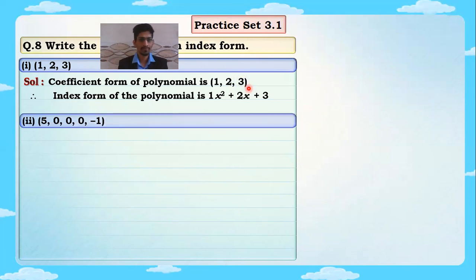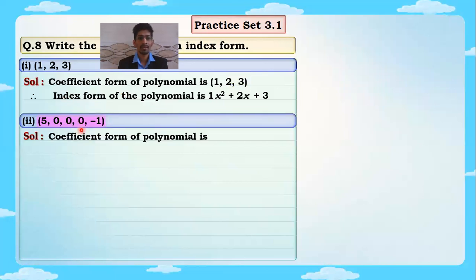One basic rule, students, we just need to know start कौन से power से करना है, what is the highest power, what is the degree in this, how to find degree. For that, first of all, we are going to count the number of coefficients available. How many coefficients available over here? Count करो, 5, 0, 0, 0, -1.